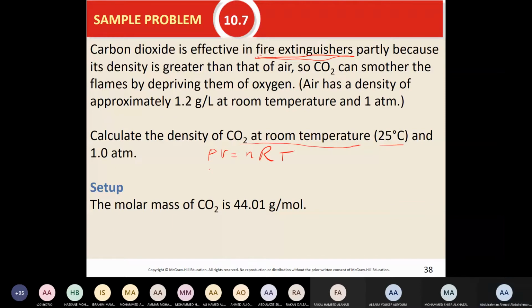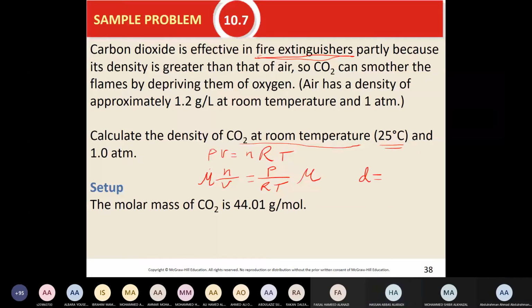25 degrees. What's the equation that I should use? n over V equals P over RT. And then what should I do? Multiply both sides by molar mass. And what are you going to get?